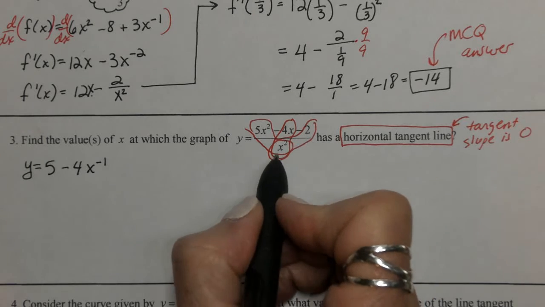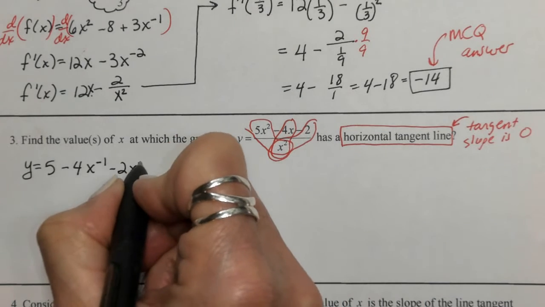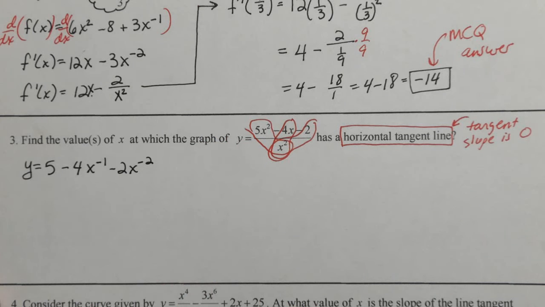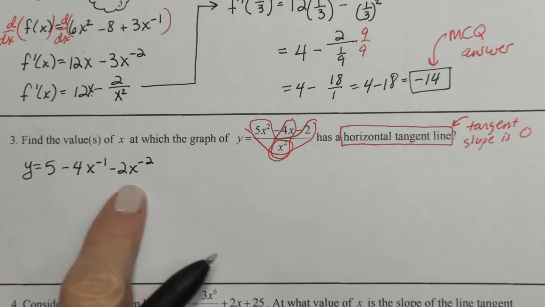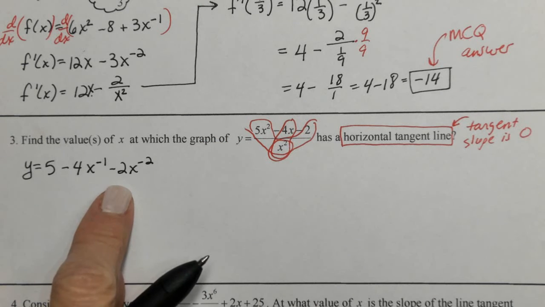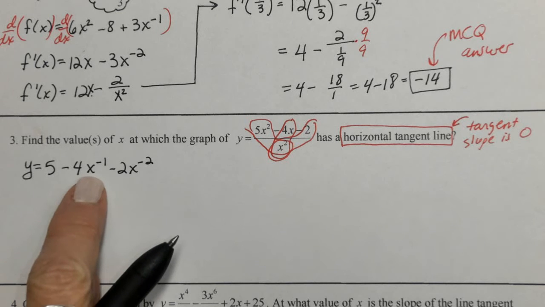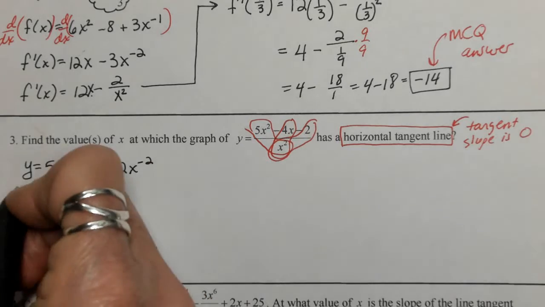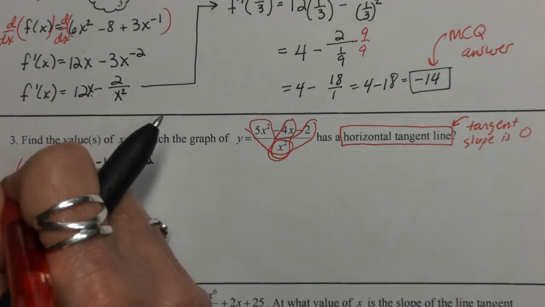Negative 2 divided by x squared is negative 2, x to the negative 2. Okay, so now I made y in a form where I can apply the power rule, because every term is a number times x to a power. So I am taking the derivative of each side.